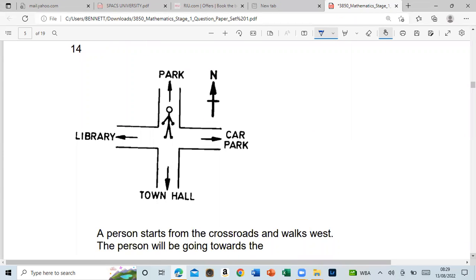All right, let's look at 14. A person starts from the crossroad and walks west. The person will be going towards the car park. All right, someone said the car park. Everyone agree with that? See, they give you the key, north.